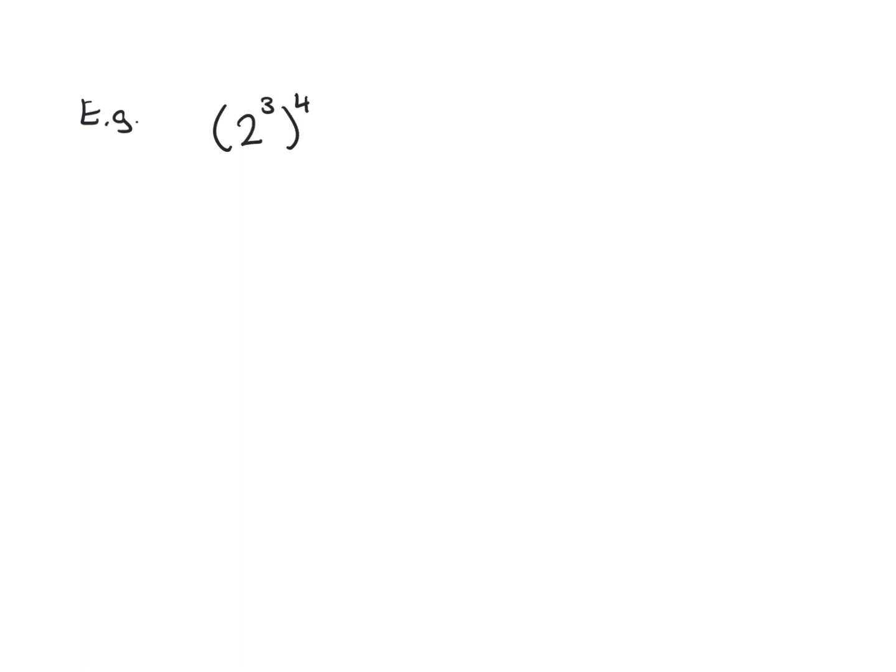Now, if you don't know any exponent laws and you need to evaluate this, the long way around that you might take is to rewrite these things as repeated multiplication. So I'm going to work my way outside in.